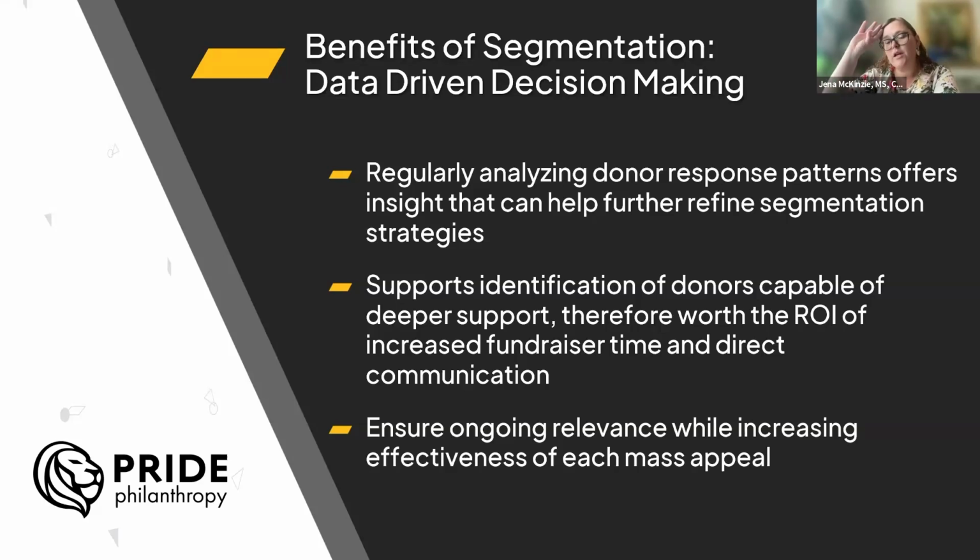Thank them for contributing to every mail appeal over the last 3 years. You have that data in your system as long as you're logging your gifts, and letting them know that you see their contributions, even at that low level, is a really great way to capture a new committed donor that's going to stay with you for the long haul.